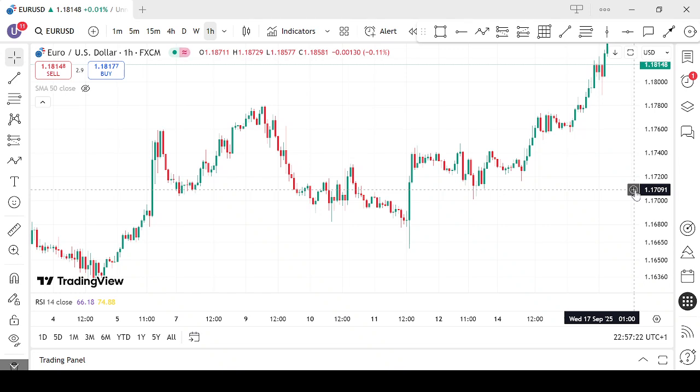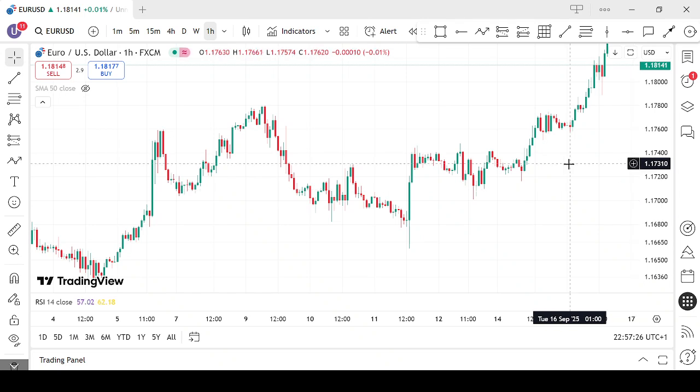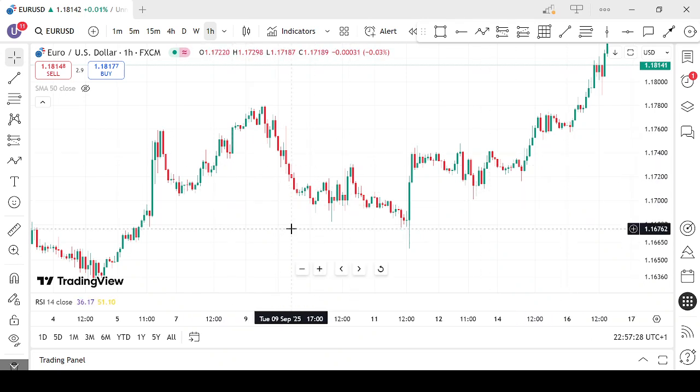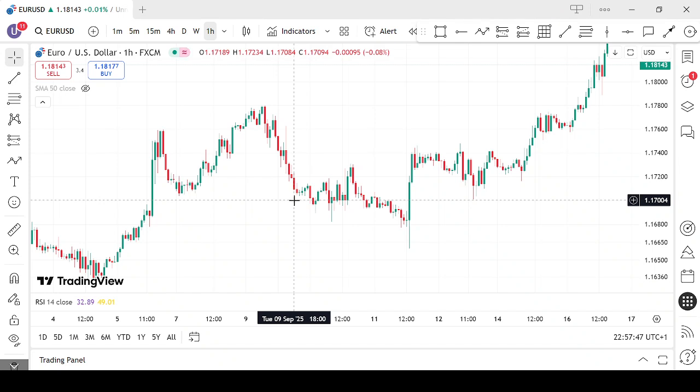Now, for your pair selection, you have to stick with the most liquid major pairs such as EUR/USD, USD/JPY, and GBP/USD. With these pairs, the spreads are at the lowest and slippage is minimal. These pairs react predictably during the London and New York sessions, giving you clear entries and exit points.